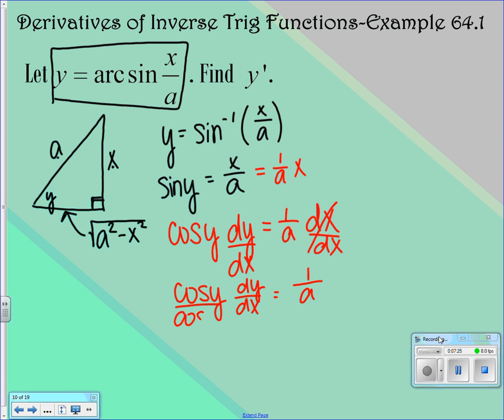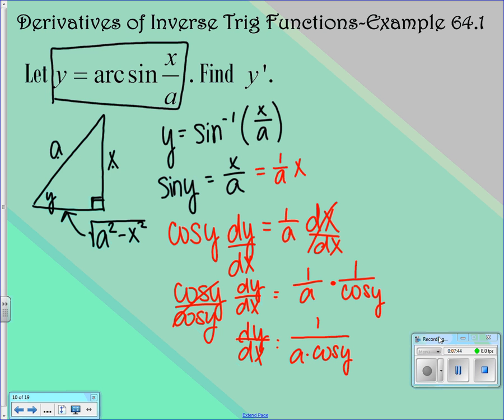So divide by the cosine of y. And I'm going to actually multiply by 1 over cosine of y. And so my dy over dx equals 1 over a times the cosine of y.